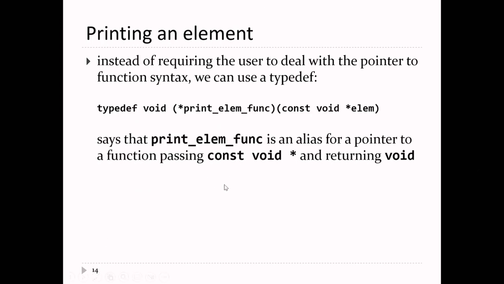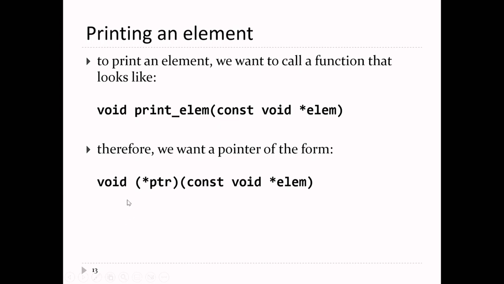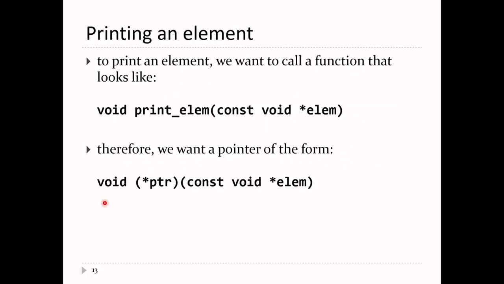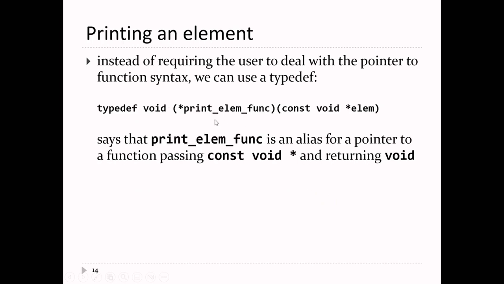Now, this isn't the most friendly thing in the world to look at, especially if you're not used to looking at pointers to functions. So you can just use a typedef and get rid of all this ugliness. So I can typedef that: typedef void print_elemfunc.